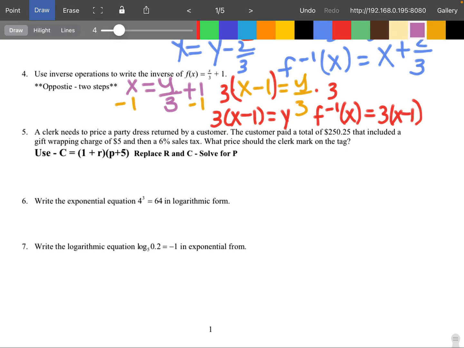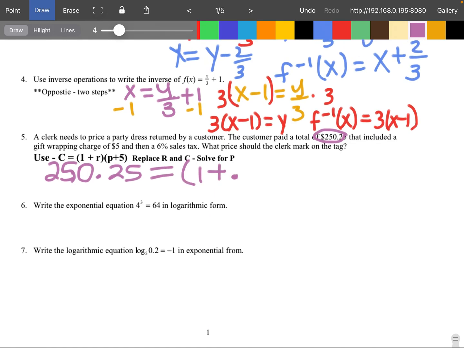So this time, $250.25 is my answer. So that's the total cost. And then I'm going to set it equal to 1 plus my rate, which again you divide by 100 to get 0.06.